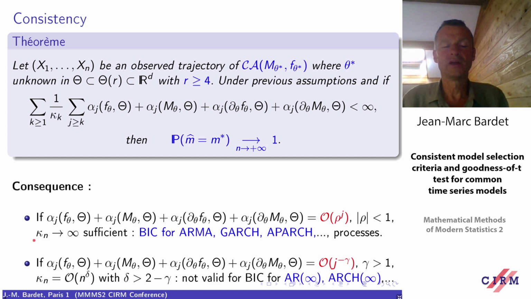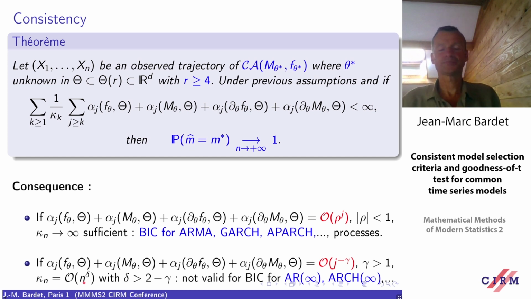And by the way, the only condition required for the consistency is that kappa n goes to infinity. So, for instance, the BIC criterion is sufficient. That is, if you consider kappa n equal to the logarithm of n, you could recognize the true model in the family of models.